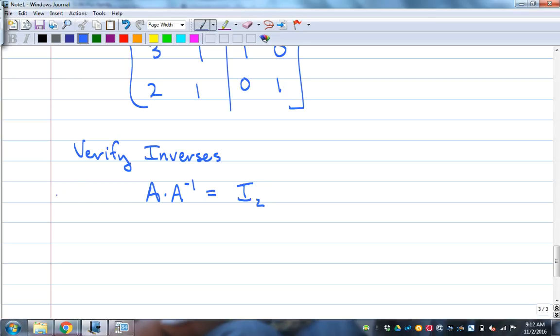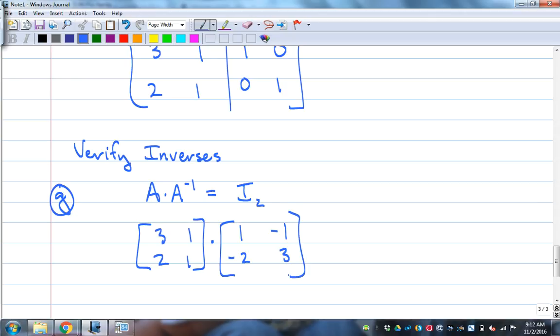So like with example F, we had 3, 1, 2, 1, and we found the inverse to be 1, -1, -2, 3. If I multiply those two together with matrix multiplication, I'm going to get a 2x2 back, which is right. This is the same size.